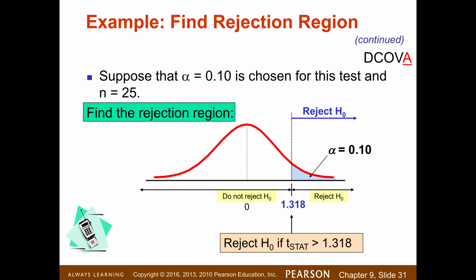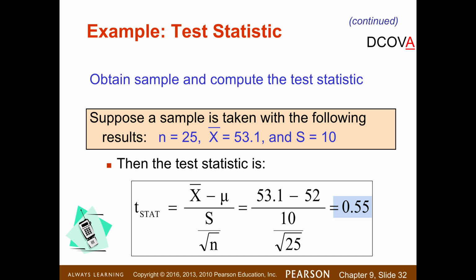So inquiring minds would want to compute the test statistic. Well, you can see that they've done that. They calculated a t sub stat, just as you would expect, by inputting the numbers into the proper places. Sample mean is 53.1, so they put that in for x bar.